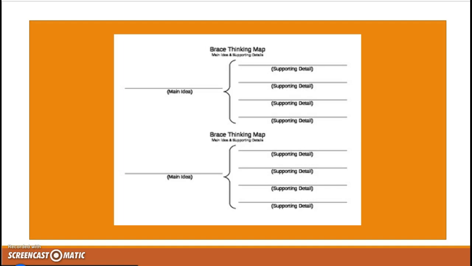This can also be used with ideas. Main ideas can be broken down into supporting details. This is very useful for deciphering challenging text in both literature and in content area reading.